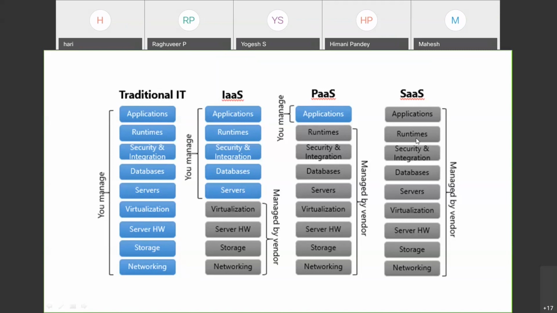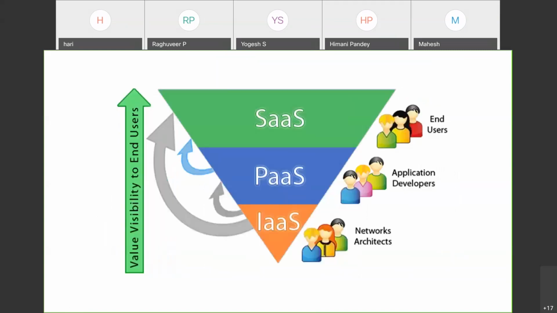How many machines tomorrow, if utilization increases, or it has to be scaled up and scaled down, everything is taken care of by the cloud service providers. In those cases, my risk is now shifted to the vendors. So definitely towards SaaS services, value visibility to end users will be increasing.